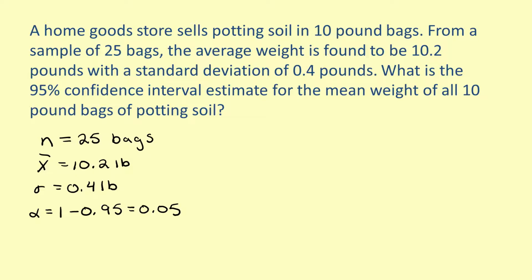A table of probabilities for the standard normal distribution shows that the z-score that corresponds to the probability alpha over 2 is 1.96. Now we have all the values needed to calculate the confidence interval.